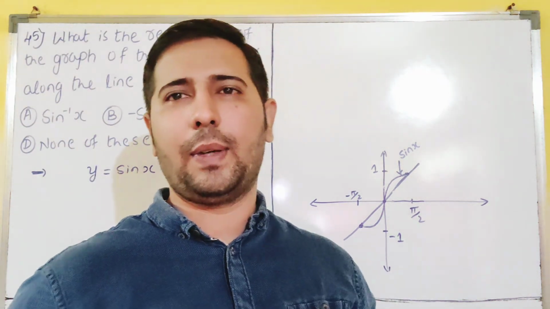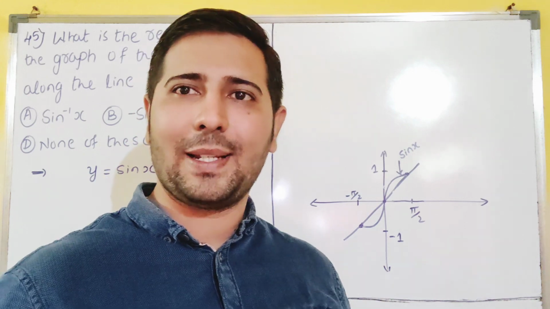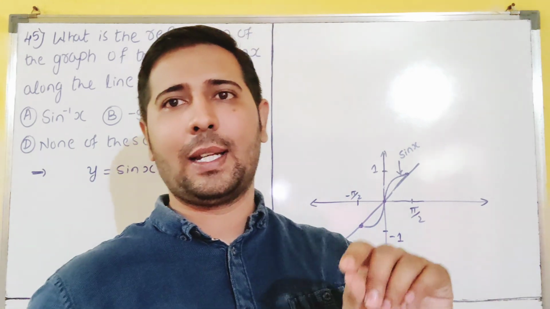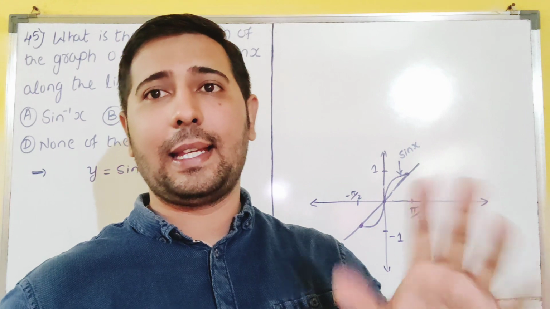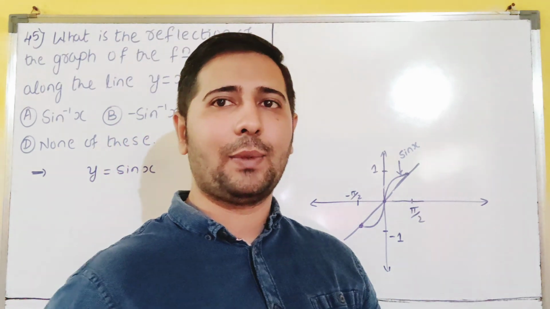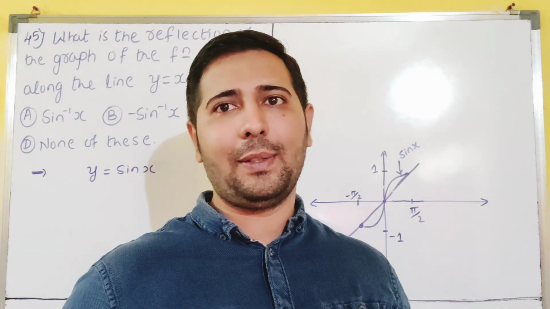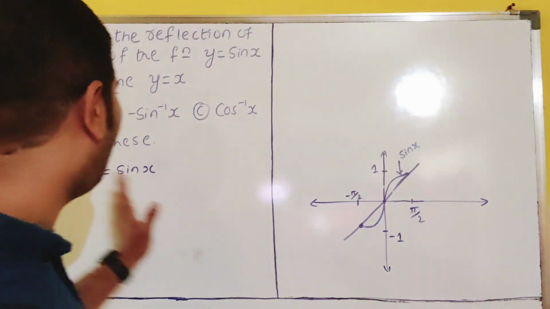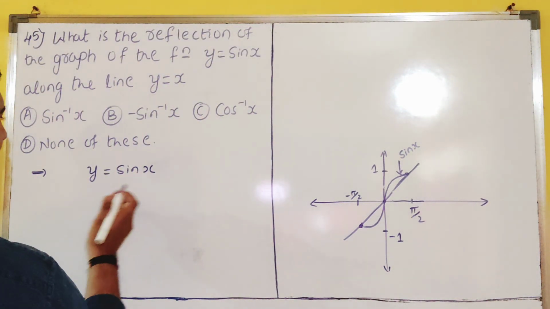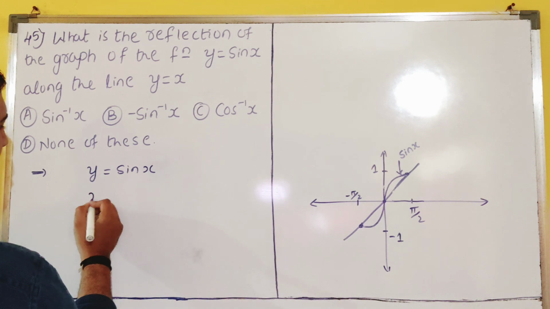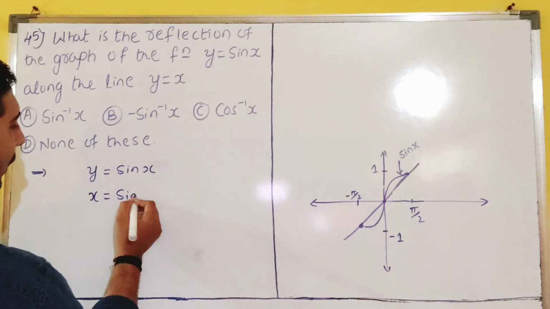Some function they will give you, f of x is equal to 4x plus 3. Show that it is one-one and onto, or show that it is invertible. So invertible means what? Finding the x value. Here also you find the x value. So now x value is what? If you take this side, x is equal to what? Sine inverse y or not?